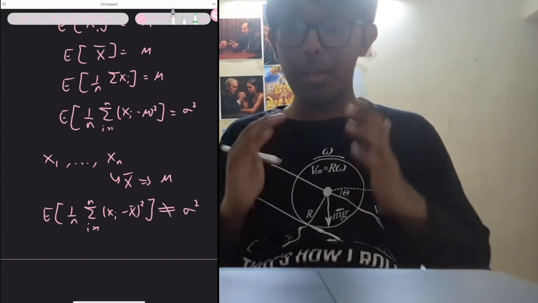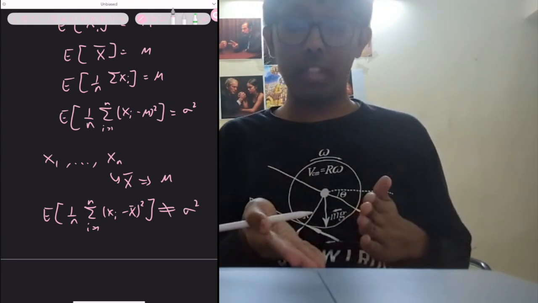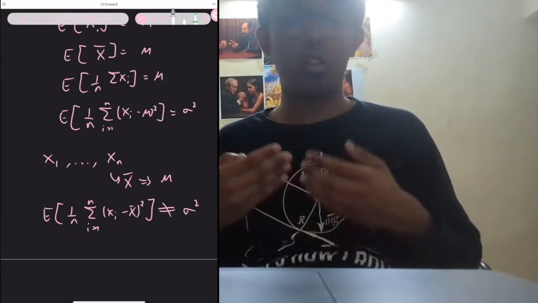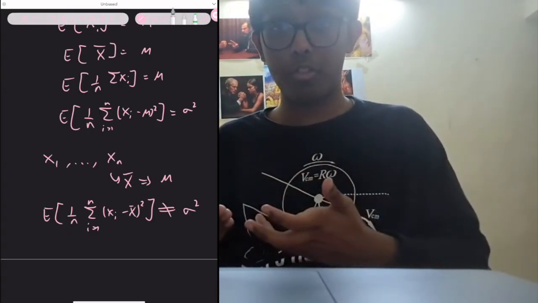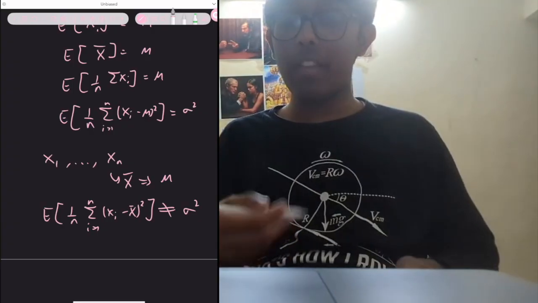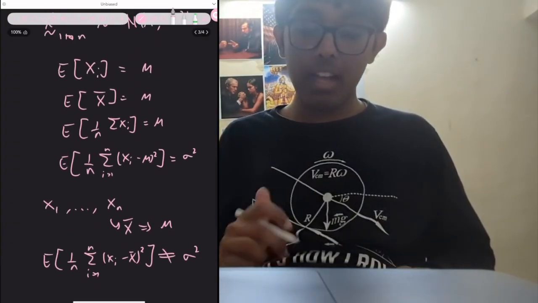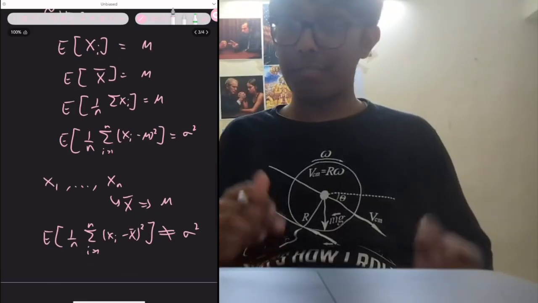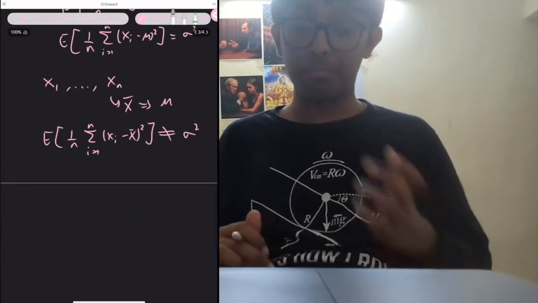The difference is that mu is a constant, and in that case, let's say we know mu, but most of the times we don't know the distribution, so we don't know the value of mu and we estimate it. Now xi's are all random variables, so x bar is also a random variable.